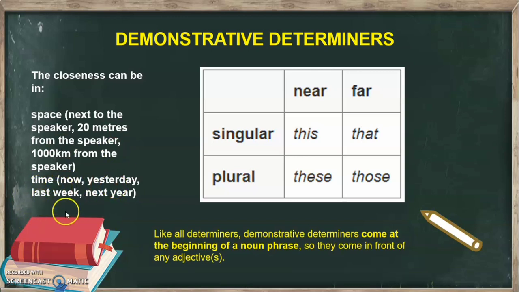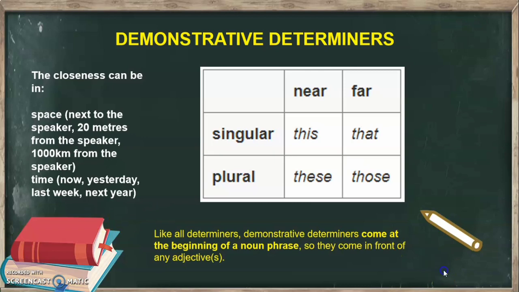Was it last week? Or next year? So we can describe both space and time with the demonstrative determiner. Just like all determiners, they also come at the beginning of a noun phrase, always. This, that, these, those, and then your noun.